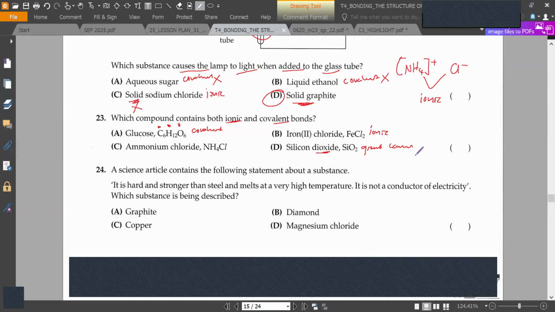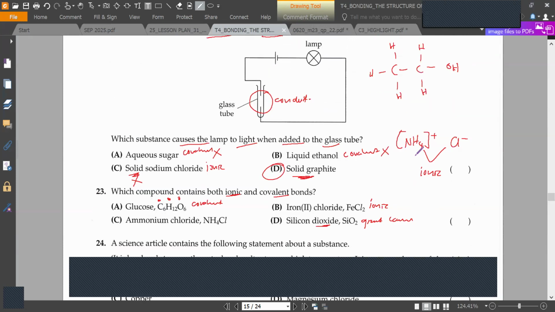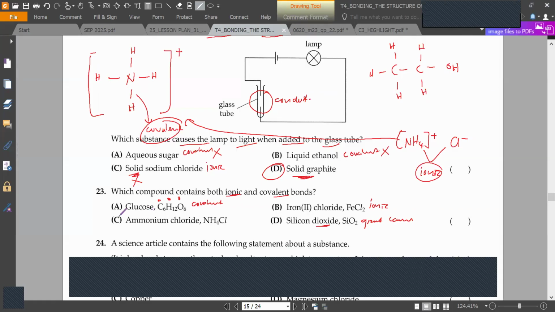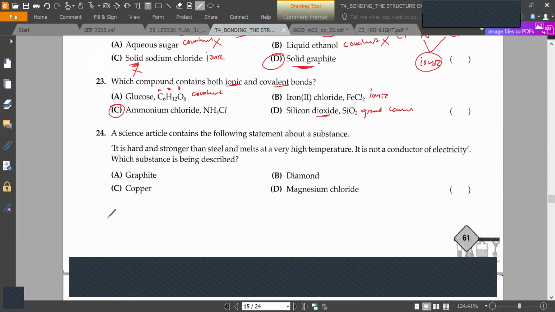And then inside the ammonium is like this. This is covalent bonding. So they have both covalent and ionic. Ammonium chloride. Okay, next.